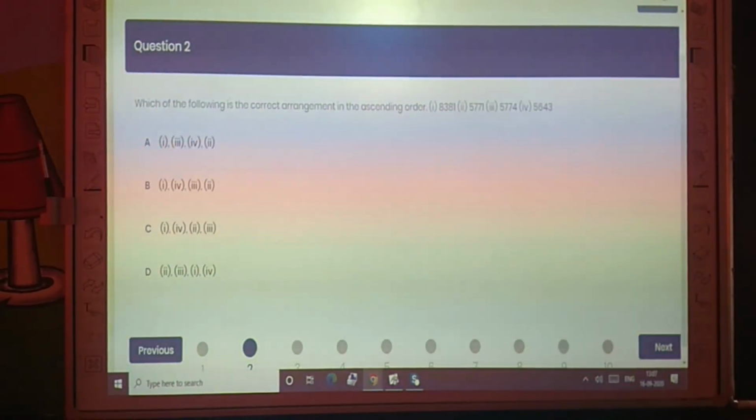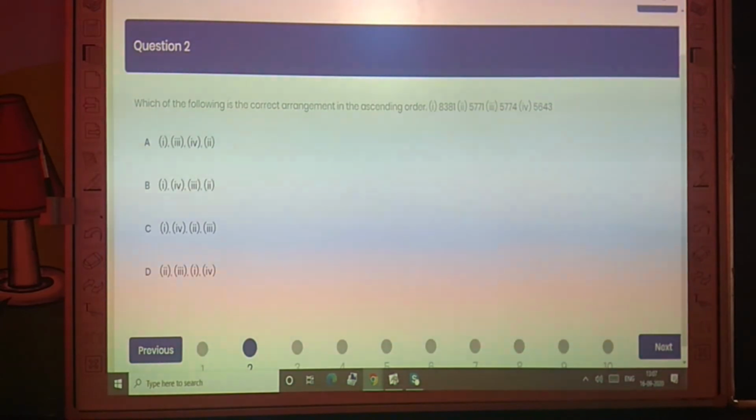Question number 2. Which of the following is the correct arrangement in ascending order? First one, 8,381, second one, 5771, third one, 5774, fourth one, 5643.